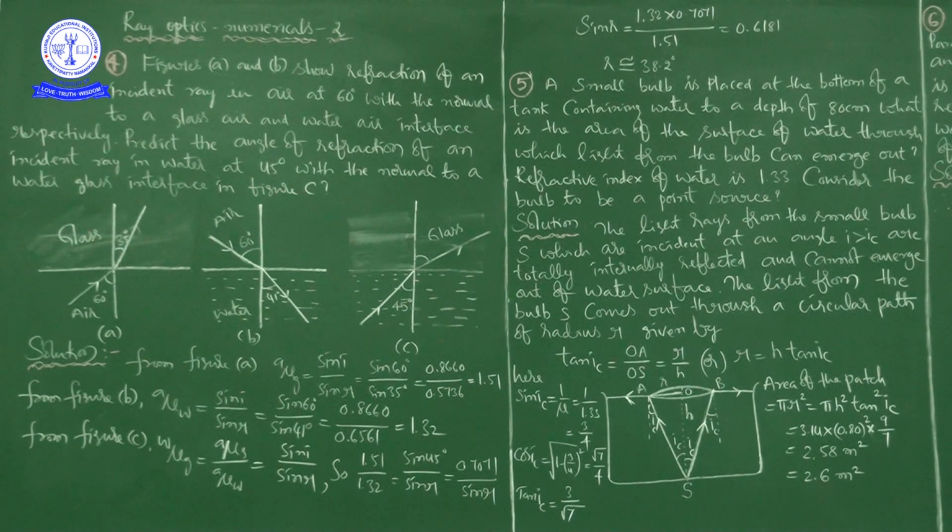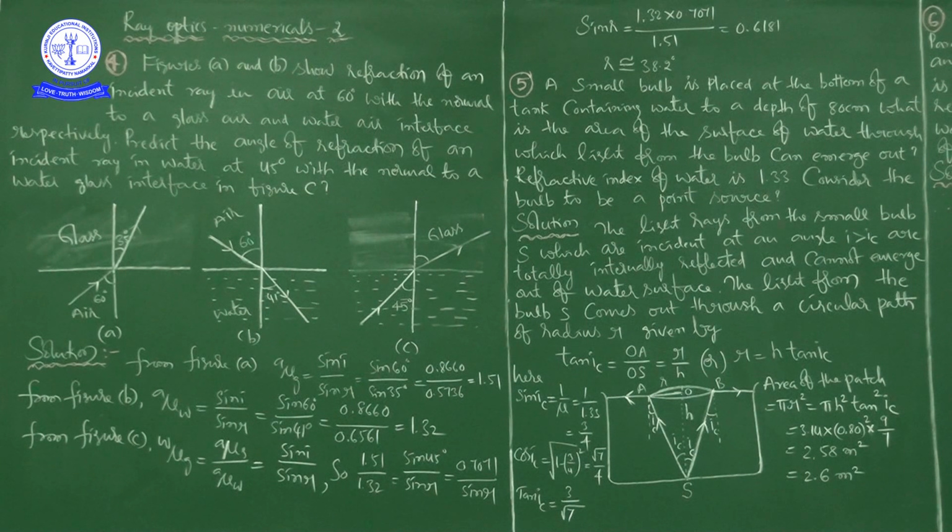You know very well, now it is a right angle triangle. This is the radius of the circular path, and this is h. tan theta is equal to opposite side by adjacent side.